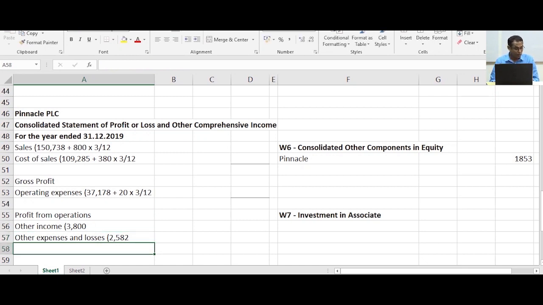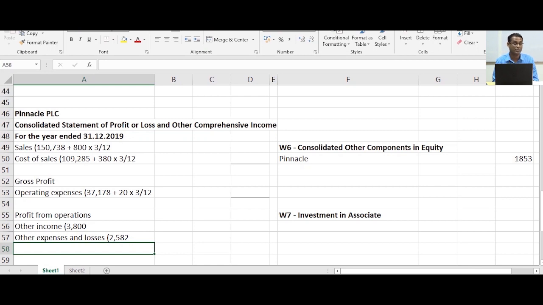Then before you write the profit before tax figure, you need to keep in your mind, that's why when you are reading the question, you need to understand and plan your answer. You have to keep a space for what? Share of profit after tax of the associate, because TEAC is equity accounted during the first 9 months. Out of that you will be having a figure called share of profit after tax.